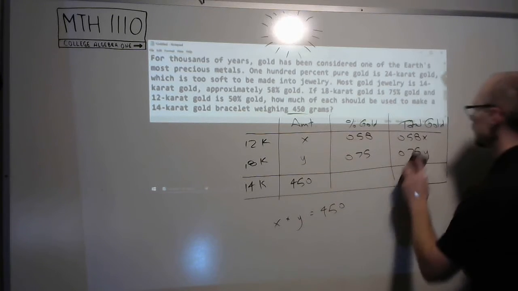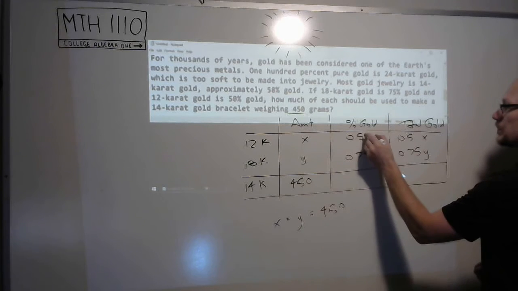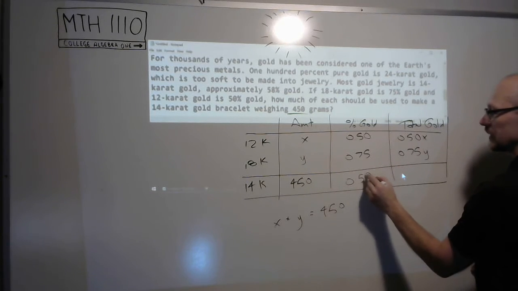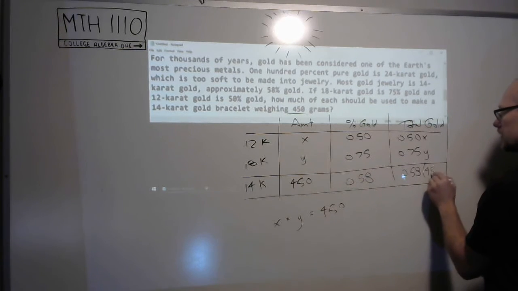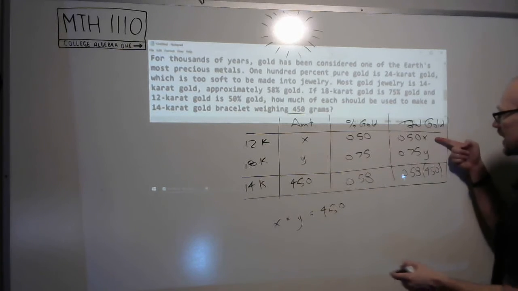Rats. That should be a 50. The 12 karat is 50%. The goal, the 14 karat, that's the 58%. And that means 58% of the 450 grams is the total amount. So that's your second equation.